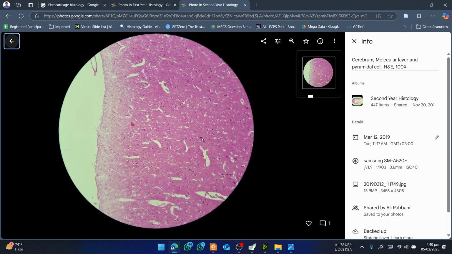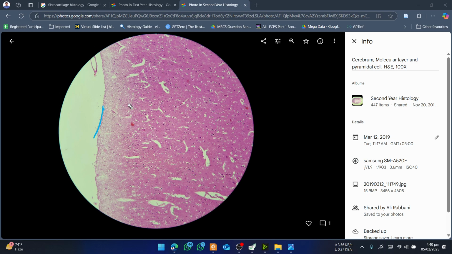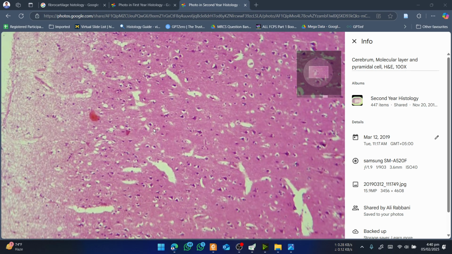Just see that the outermost part has the molecular layer, much like that of the cerebellum. Then the inner layers are not very easily differentiated, so I won't go into the detail, but you can focus and identify pyramidal shaped cells. So all of these are pyramidal shaped cells, like this one. They help you identify that these are pyramidal cells present in the different layers.